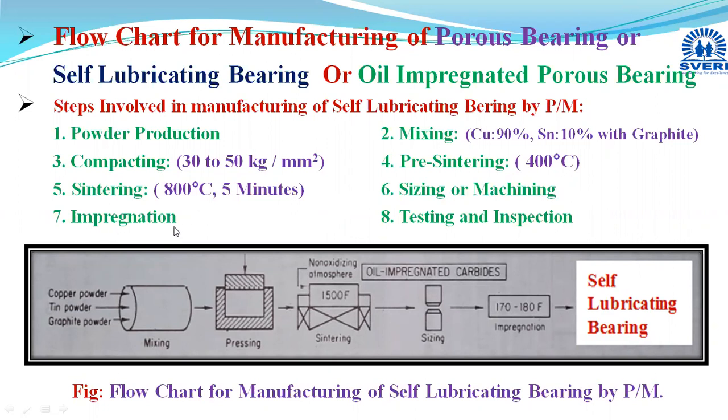Then after correcting the shape and size with sizing or machining, that component is subjected to the next stage. This is a very important stage, specifically for this self-lubricating bearing only: the impregnation stage. This is the last stage before testing and inspection. In this impregnation stage, the pores on the surface of that component are filled with oil. We use hot oil and fill the pores present on the surface, and this method is termed the impregnation method.